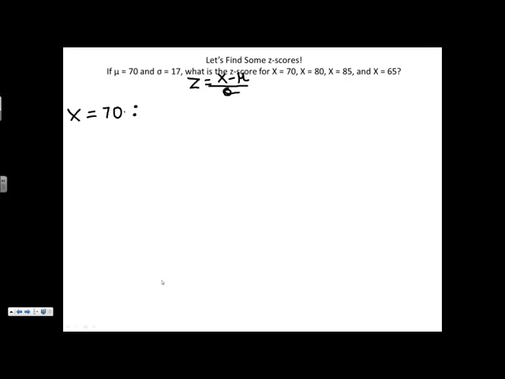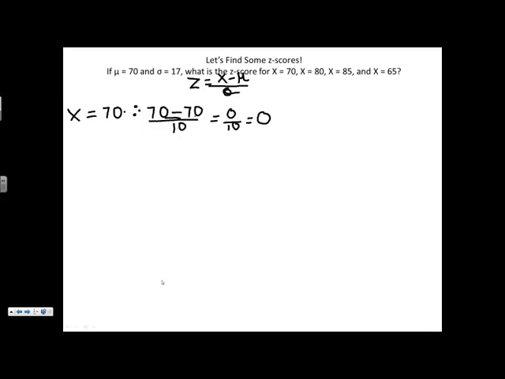Okay, so when x is equal to 70, we have 70 minus the mean of 70 divided by the standard deviation of 10, and that's 0 divided by 10, and that is still 0. So once again, if you have a score that's equal to the mean, then your z-score is going to be 0.